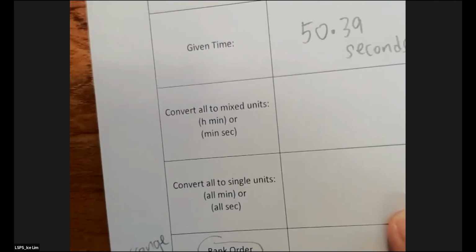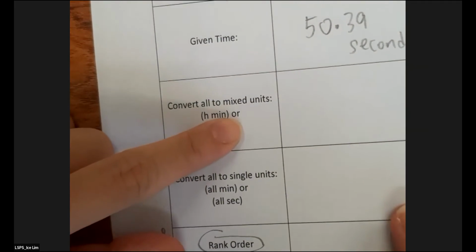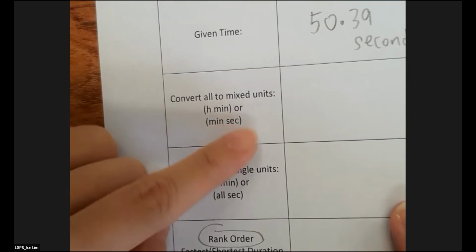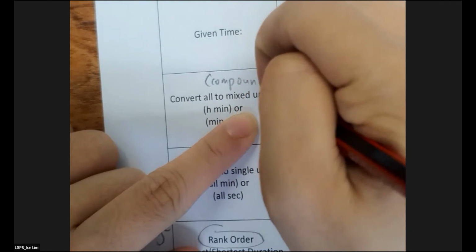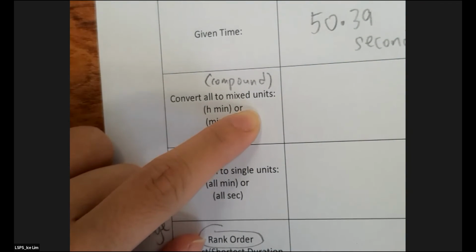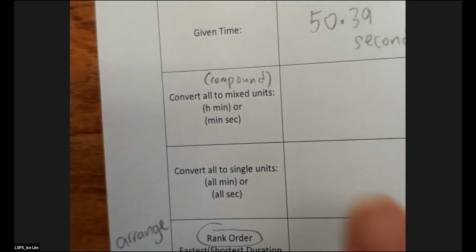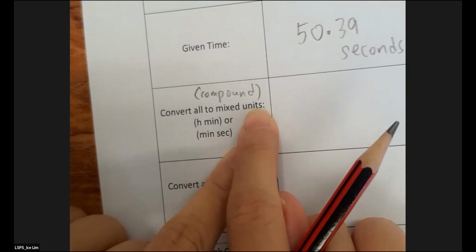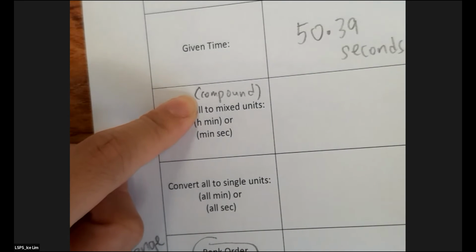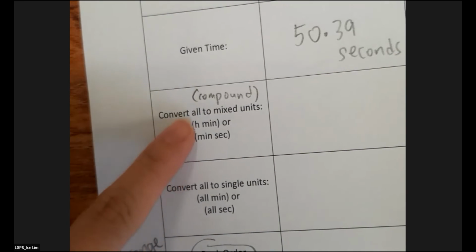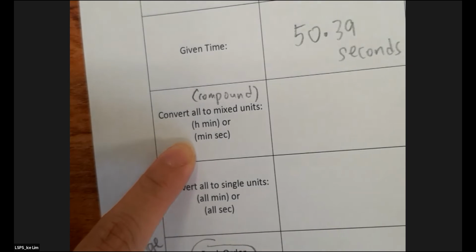Now on this first column here, it says convert all to mixed units. You would have learned this in primary 3. We're revising now. Mixed units is what we call compound units. I use a simpler English term called mix, but the accurate term is compound units. Why does it mean compound units? It means I have 2 different kinds of units of measurement used together.